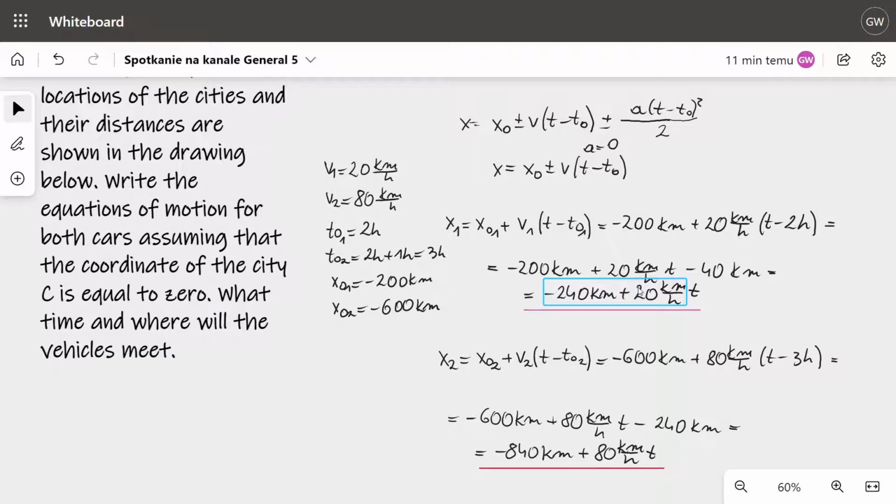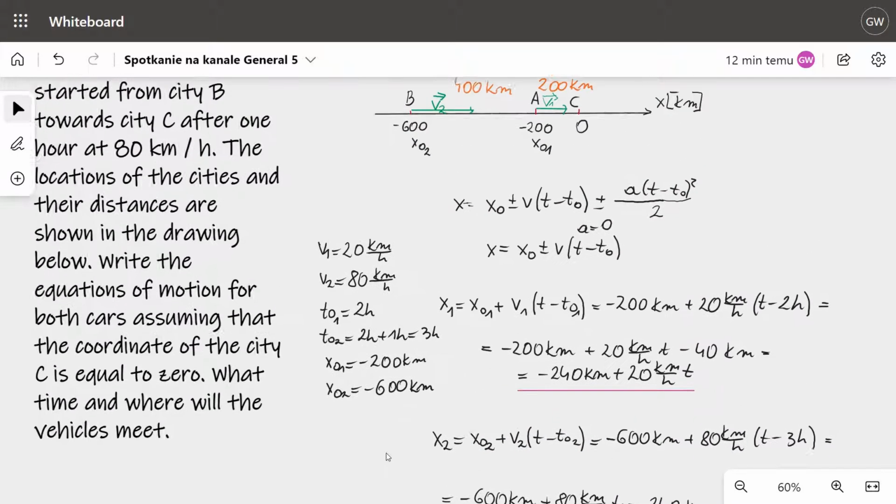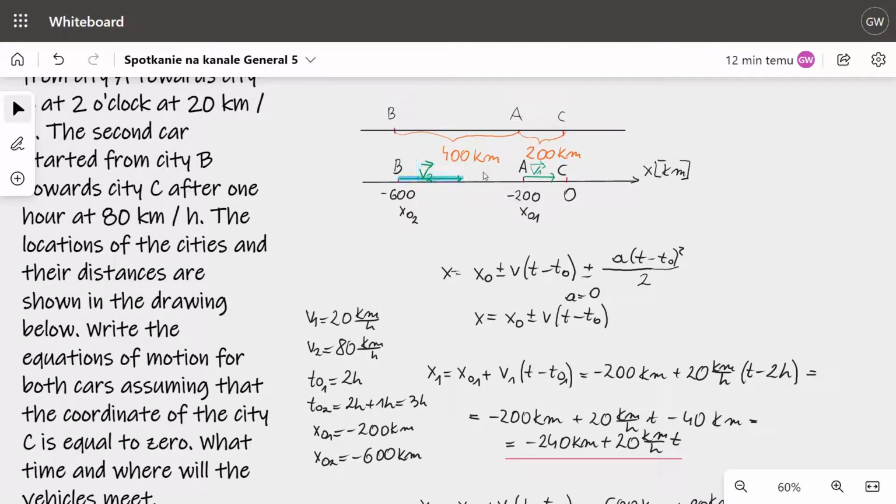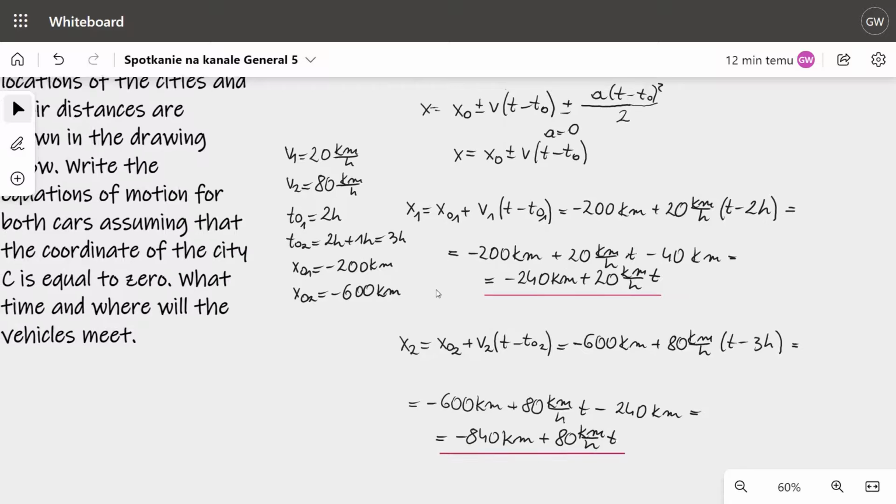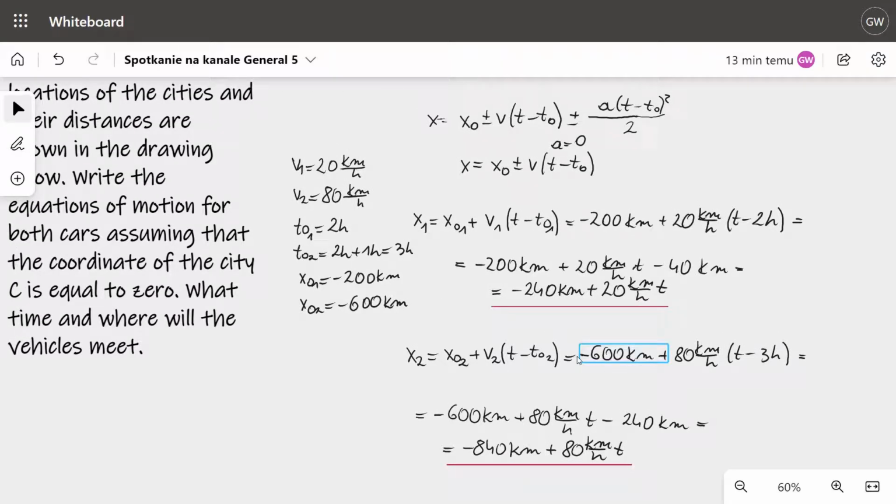We do the same for the second car. Here is plus, because velocity vector v2 is directed the same as the x-axis. We put data into this equation, and here we have the final equation of motion for the second car.